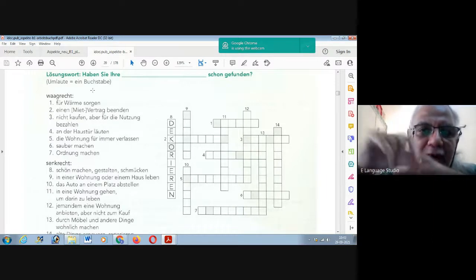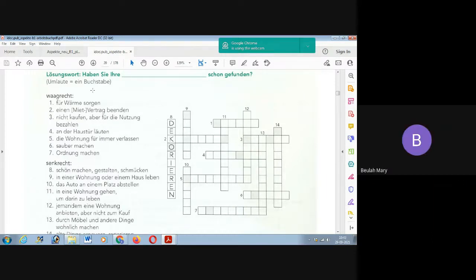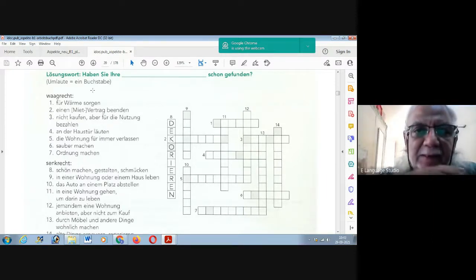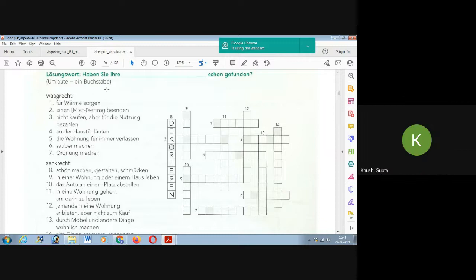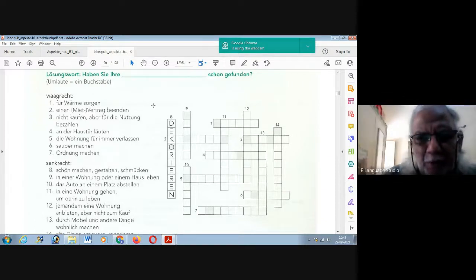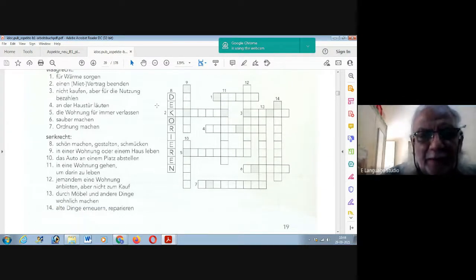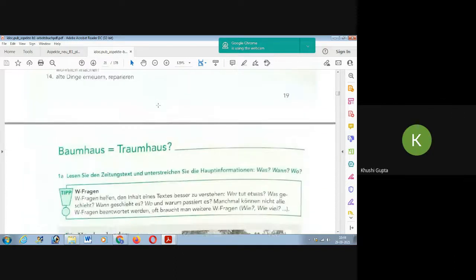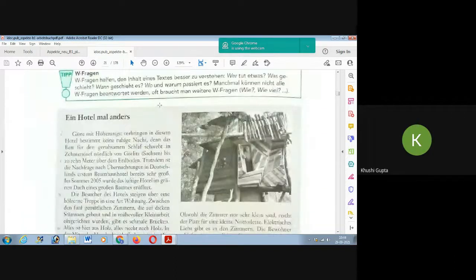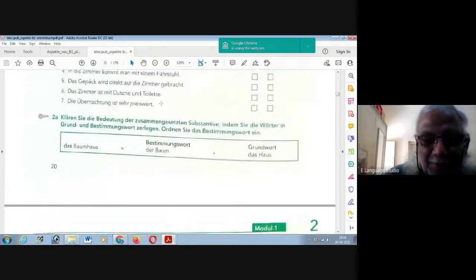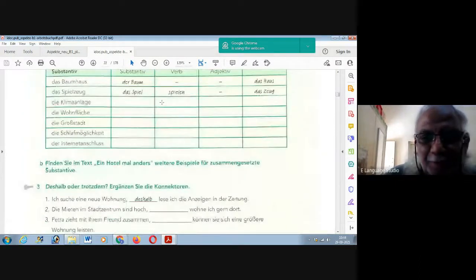Wort, word, crossword, Rätsel, puzzle or riddle. So das Kreuzworträtsel. So Seite Nummer 20. I'm not doing it now. Just you do it at your leisure. Ja, kein Problem. Also jetzt nicht. Nein. You can have fun, but not this kind of fun.